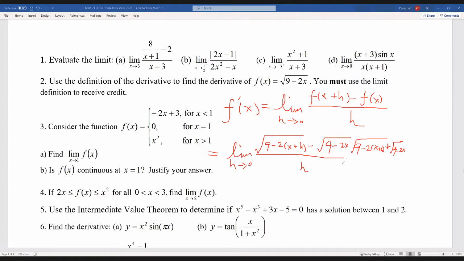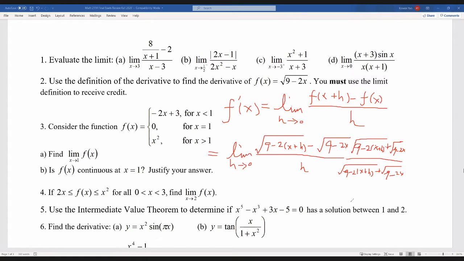This is the numerator. The denominator is the same thing, times the same quantity, so nothing has been altered. Times the square root of 9 minus 2(x plus h), plus the square root of 9 minus 2x. Okay, so we're almost done.